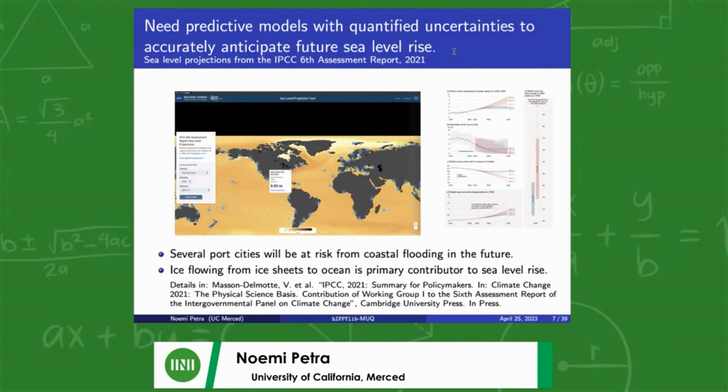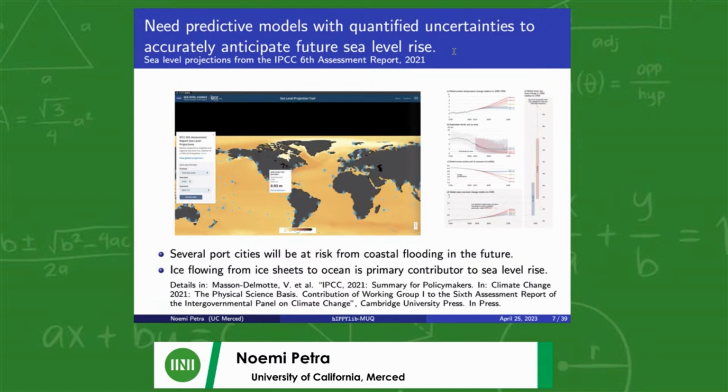So for instance, here I advocate for the need for predictive models with quantified uncertainties to accurately anticipate future sea level rise. And why is this important? If you check the latest IPCC reports, and you might want to also play around with this really nice sea level projection tool offered by NASA, you will see that the future in terms of sea level rise does not look very optimistic. Basically, several port cities are predicted to be at risk from coastal flooding in the future, and it's actually happening already.